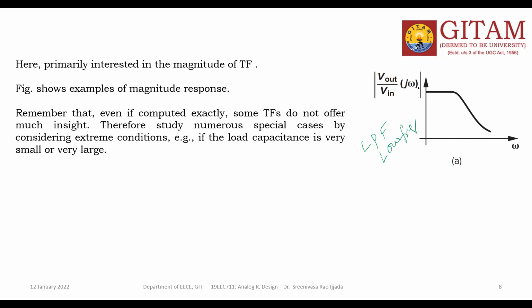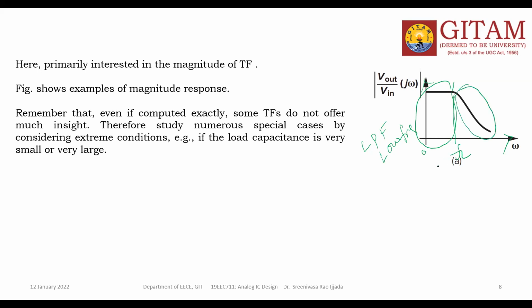Low frequency. So this is the 0, y-axis is the gain, and x-axis is the omega. Omega is varying from 0 to infinity. See here, for the lower range of frequencies, you have a full gain. Once your frequency crosses the lower cutoff frequency or critical frequency, the gain is decaying.